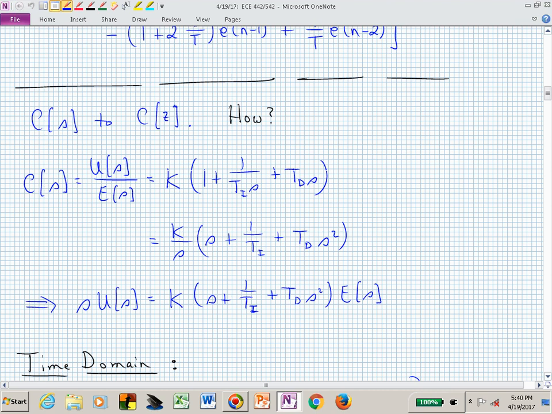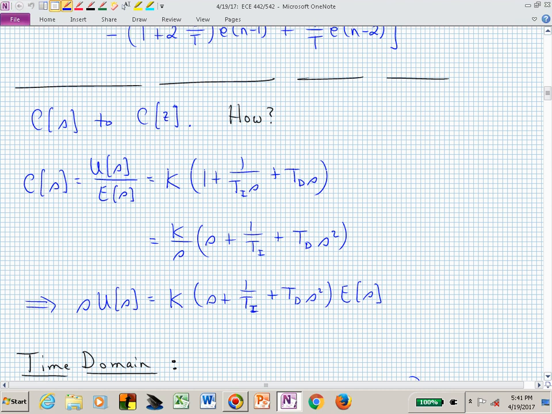Now let's see how we can go from a C of S, which is our analog PID controller, and again, it's written in terms of the proportional gain, the integral time, and the derivative time. The second or the middle row now, all we're doing is factoring out an s in the denominator of every term. That's our first step in going from the generic PID structure to this middle line in this derivation.